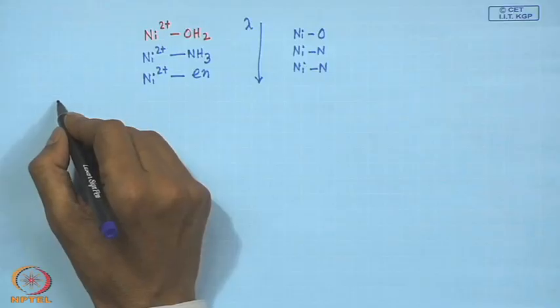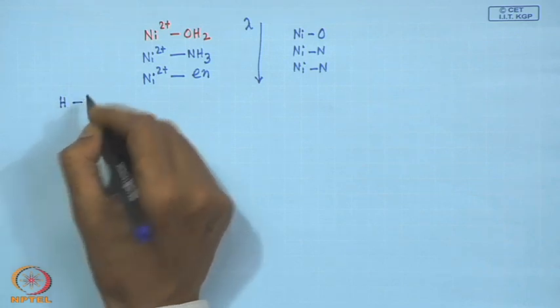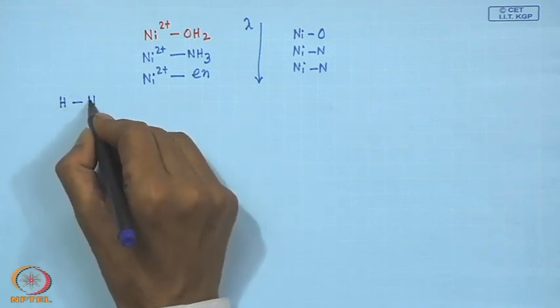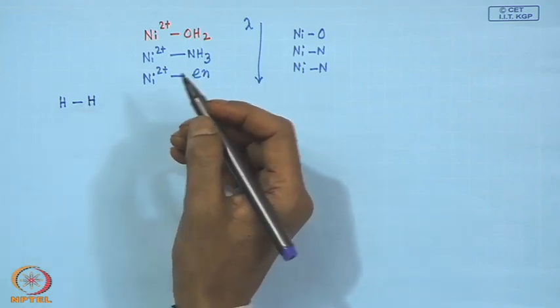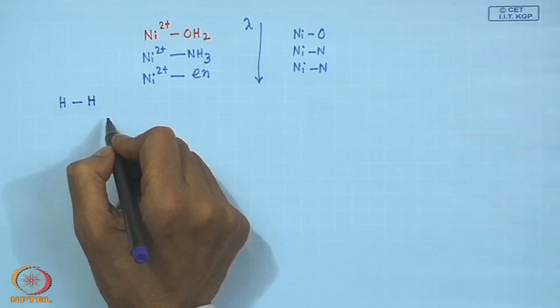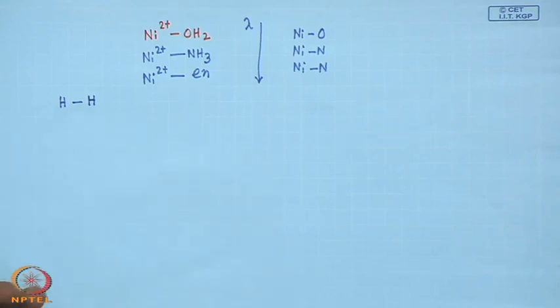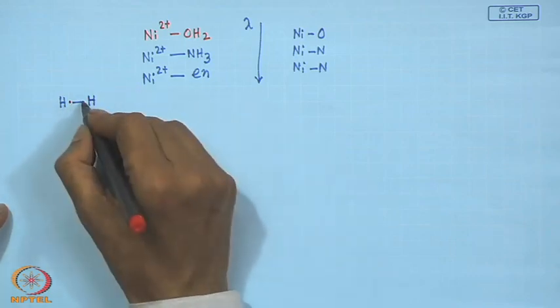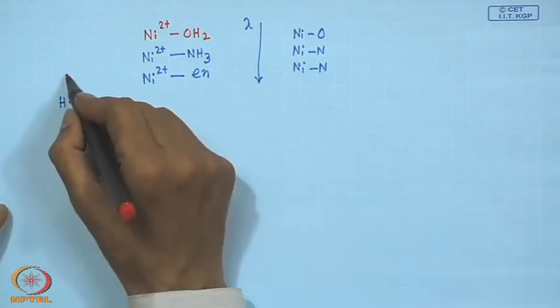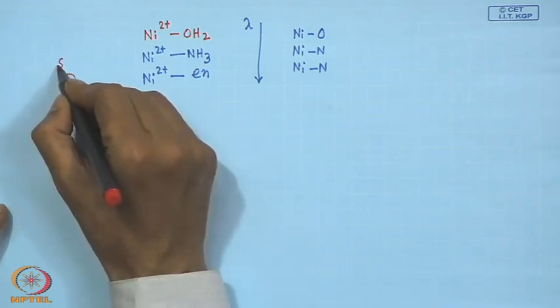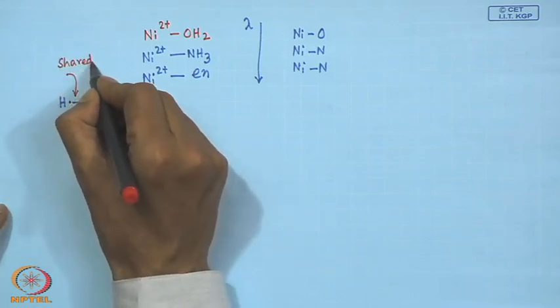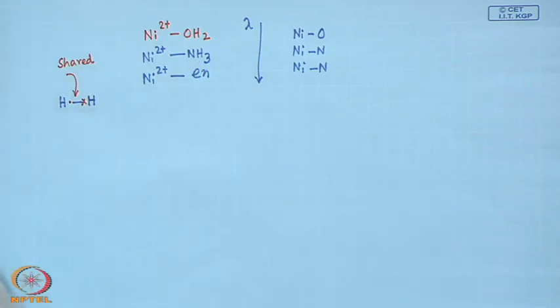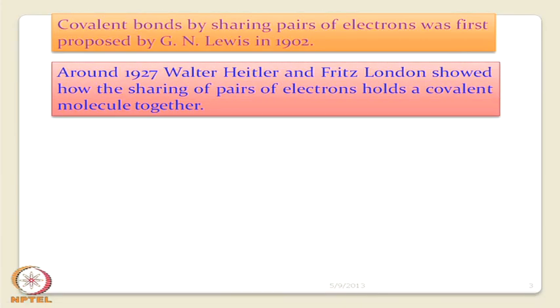So, before the advent of quantum mechanics and any other sophisticated theory, this aspect of the formation of the covalent bond in the hydrogen molecule was also proposed, and that hydrogen bond formation can be conceived as if we have one electron from this hydrogen and a second electron from this hydrogen, and both these two electrons are shared. So, this was the proposal from Lewis for the electron pair sharing between two atoms for a covalent bond.